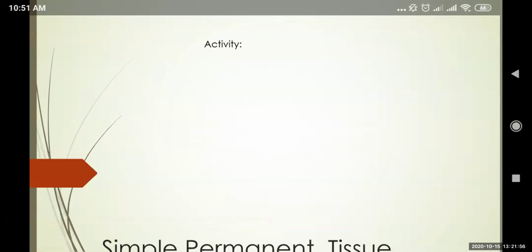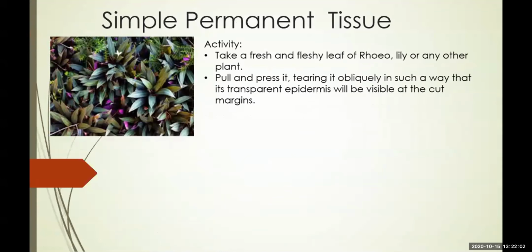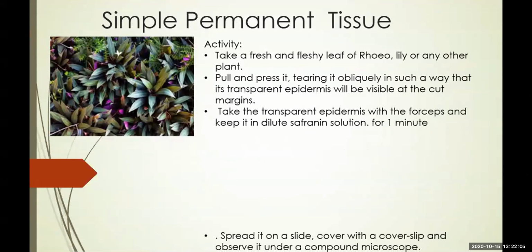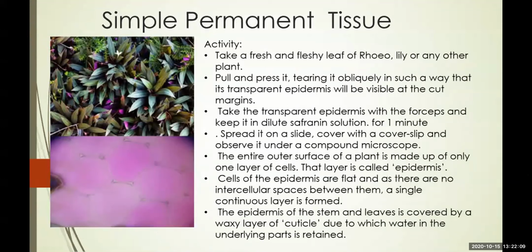What do we see under the compound microscope? This is the rohio plant, and when we observe it under the microscope, this is how the slide looks. Observe the shape of these cells. They are polygonal in shape.